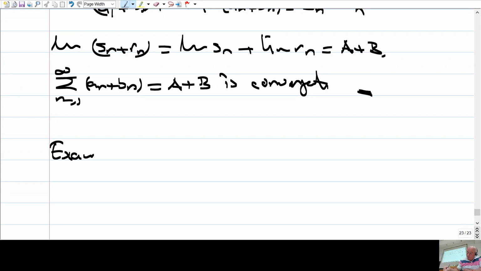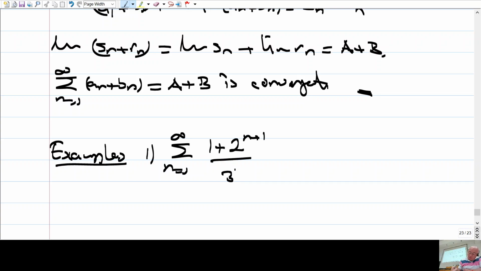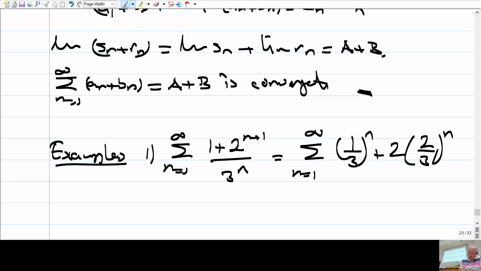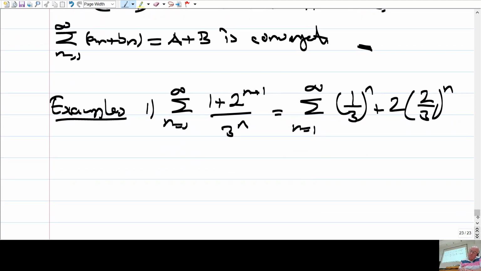Let's do some examples. For example, look at this one: the sum of 1 plus 2 to the power n plus 1 divided by 3 to the power n. Well, what is this? I can write this as 1 over 3 to the power n plus 2 times 2 over 3 to the power n, right? This series is convergent. It's a geometric series, and the second one is also convergent.